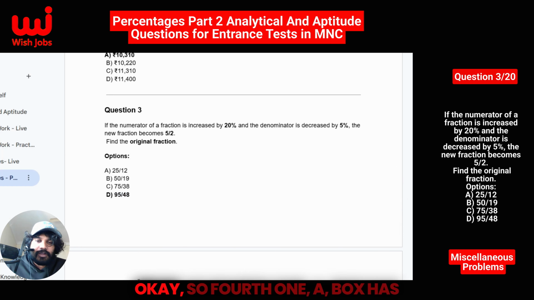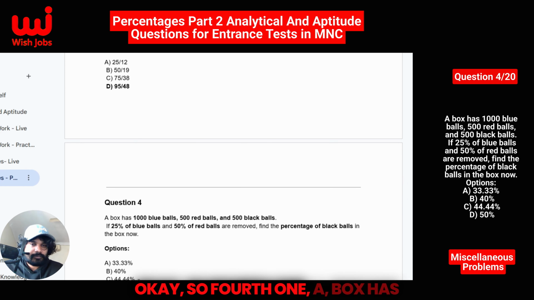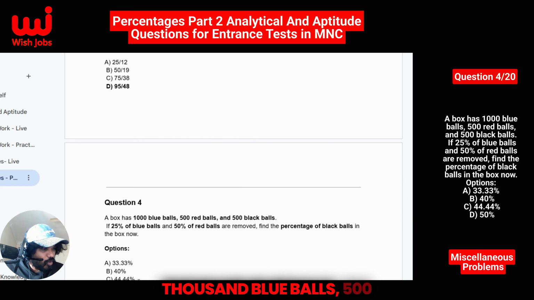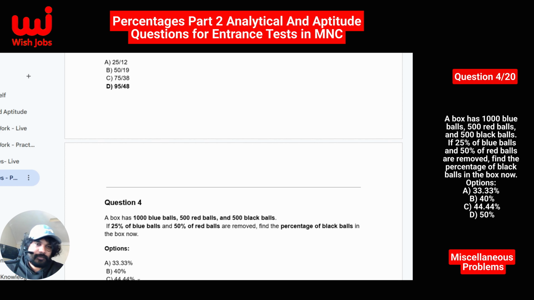Okay. So fourth one: a box has 1000 blue balls, 500 red balls, and 500 black balls.